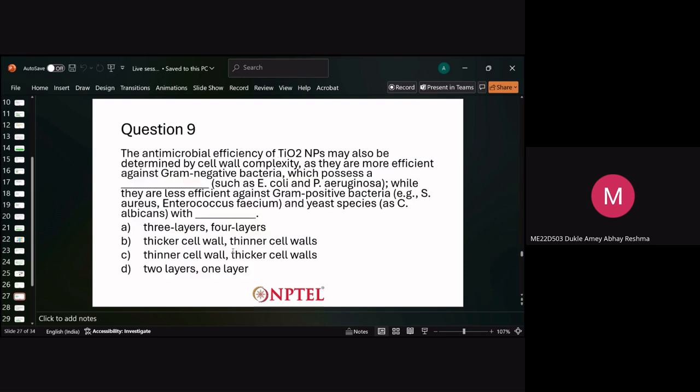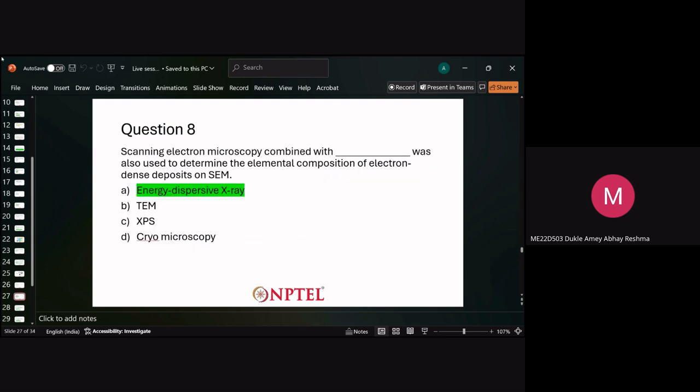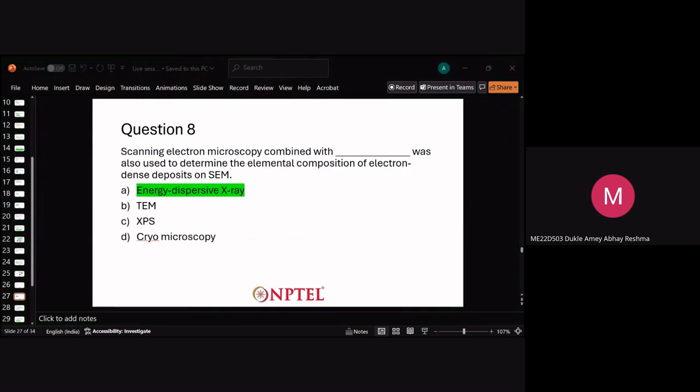So the answer is energy dispersive X-ray.